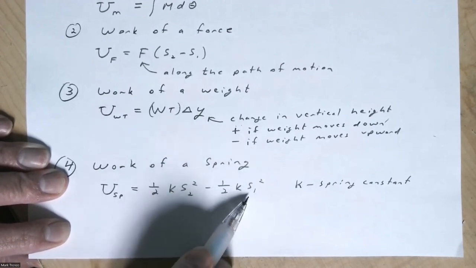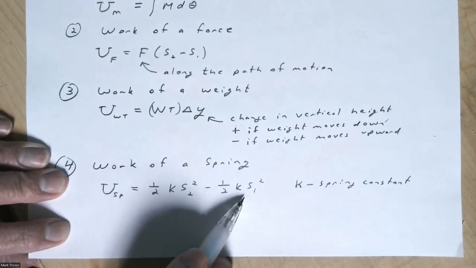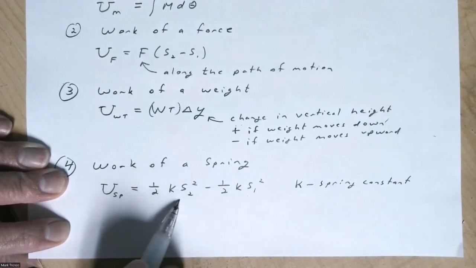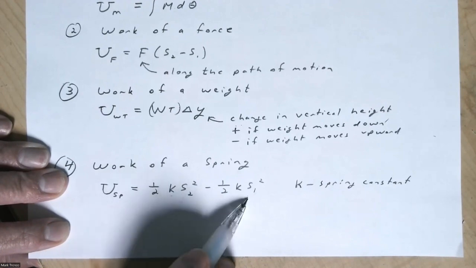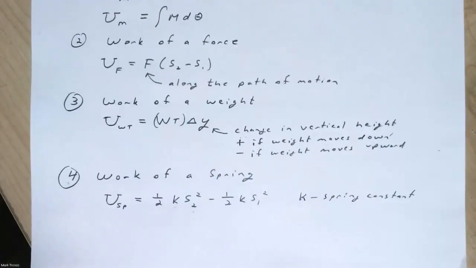Or say over here, if the original unstretched length of the spring is 1 inch and it's stretched to 5, then this will be 4. So these S2 and S1 are the differences from the unstretched position, the unstretched length of the spring.